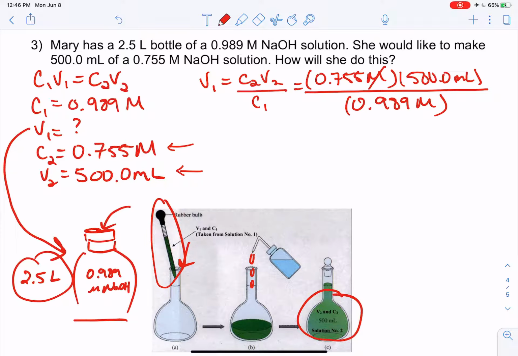Molarity cancels out, and we're left with milliliters, which is great because we're solving for volume, and milliliters is a unit of volume. We punch that into our calculator, and we've got 3 sig figs, 4 sig figs, and 3 sig figs, so we're going to have an answer of 3 sig figs. And what do we get?